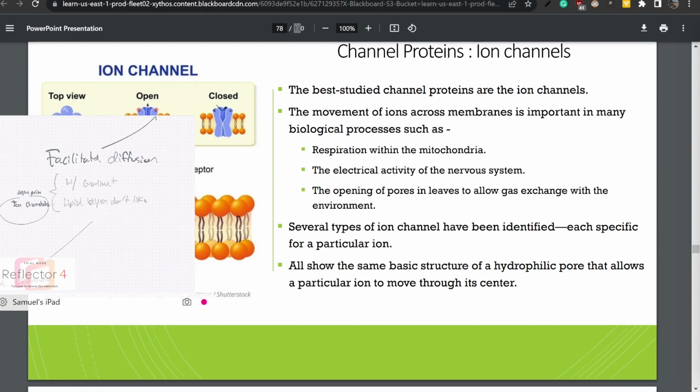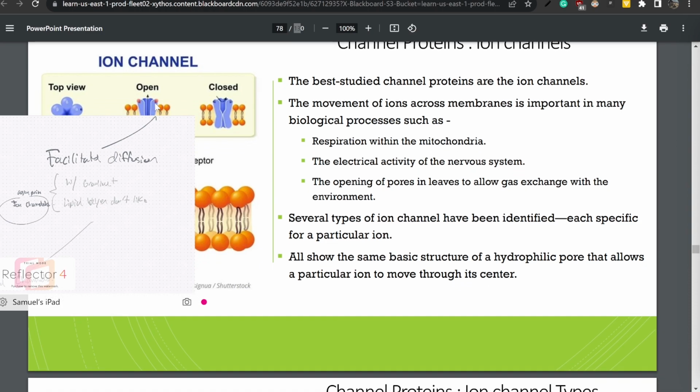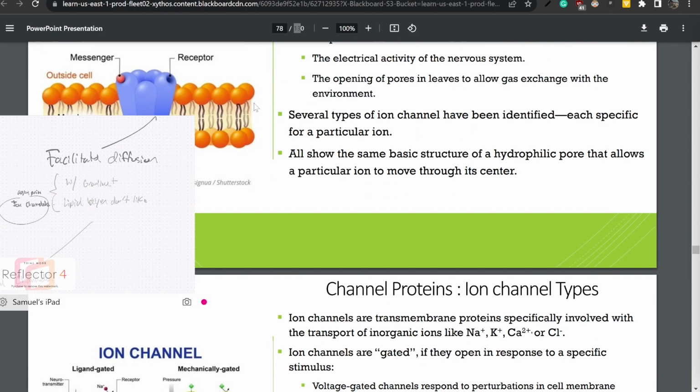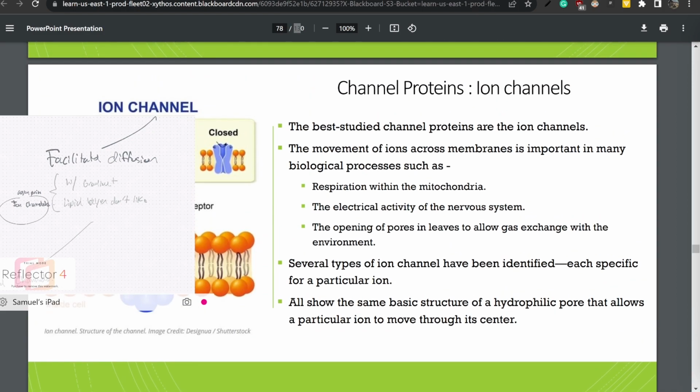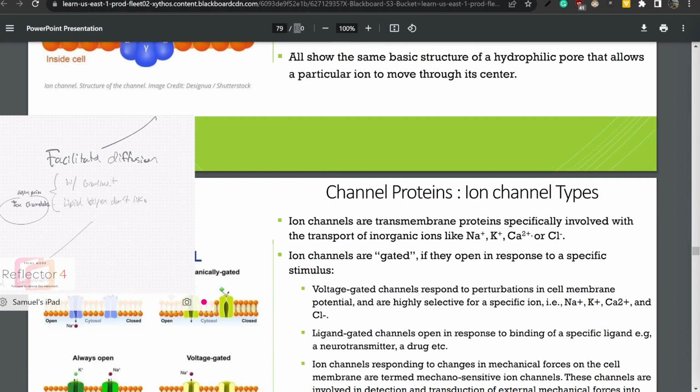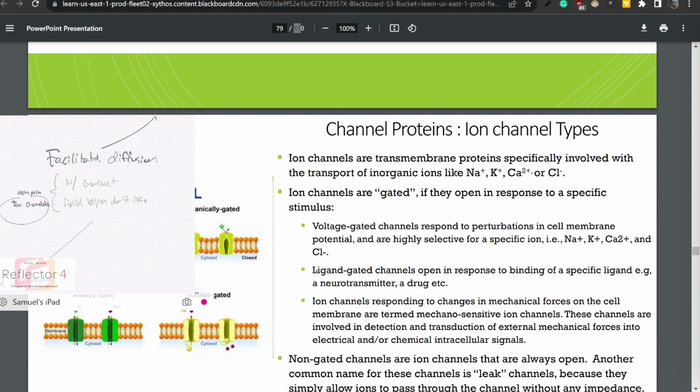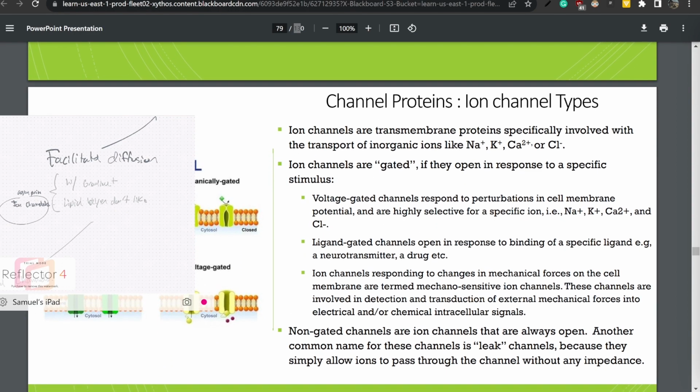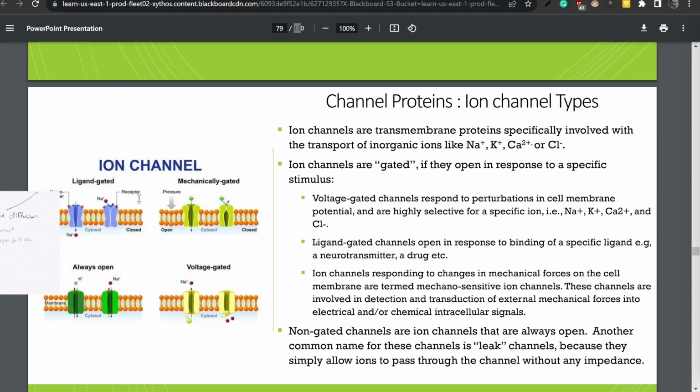I have a question. Here I see that it needs to be opened by some sort of ligand or neurotransmitter. Do all ion channels have a ligand that they need? Oh, I see there are different types here. There is a type of ion channel that is ligand gated, but there are also ion channels that are always open, which reminds me of leak channels.